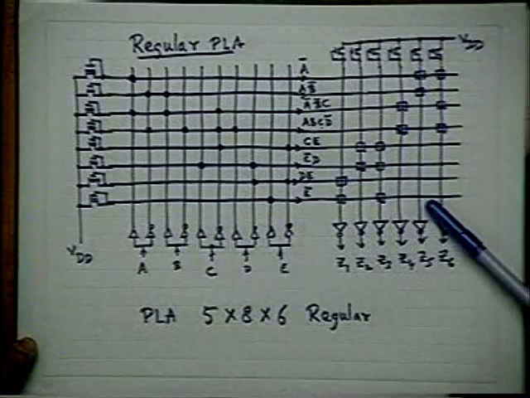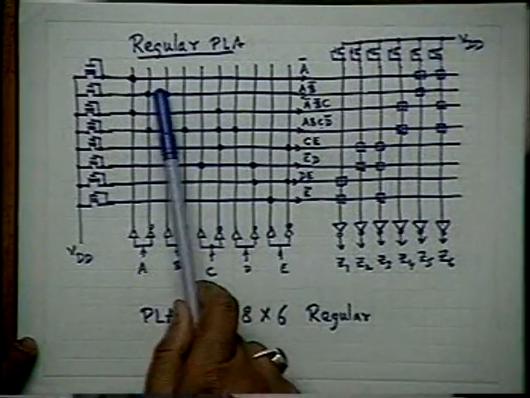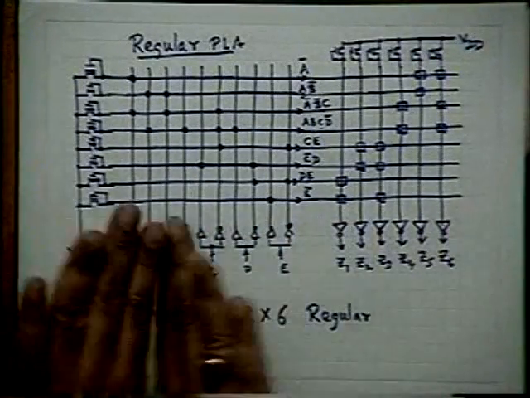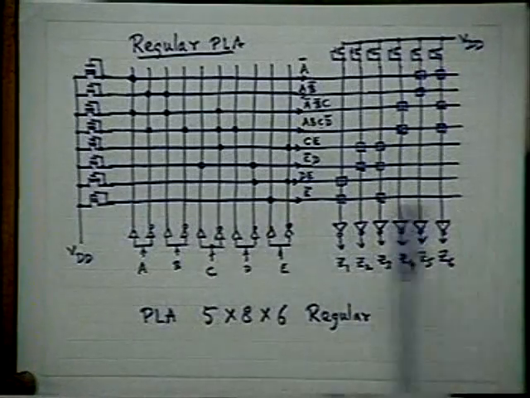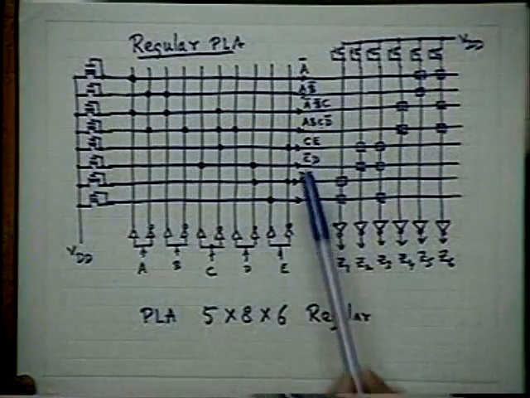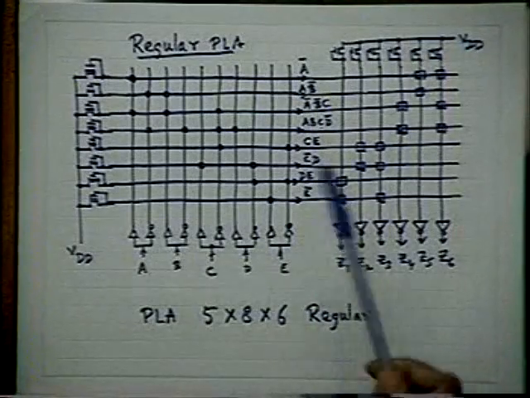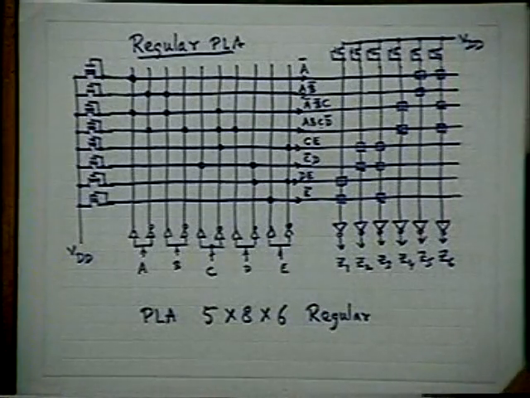Therefore, people go for folding the PLAs. What is meant by the folding of PLAs? Is it possible to reduce the number of rows? That means, can we split the rows? Instead of using, how many rows are there? 8, because 8 products are there, therefore there are 8 rows. Can we split the rows into 4 plus 4?